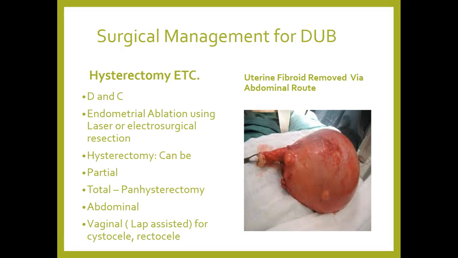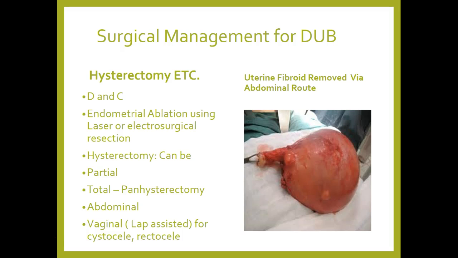So, if we have to schedule somebody for surgical management of dysfunctional uterine bleeding, here are a few things that you might see. Hysterectomies are very common to correct dysfunctional uterine bleeding. The D&C, like we talked about a couple of slides ago.